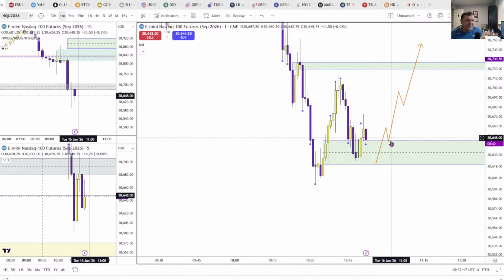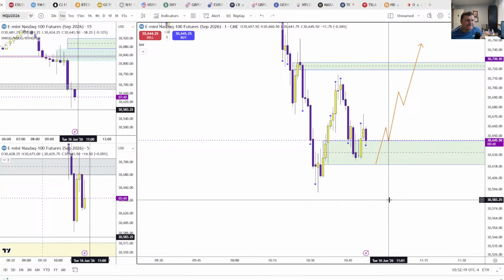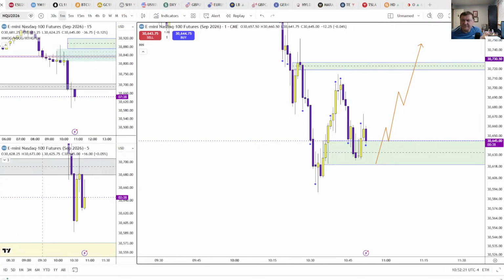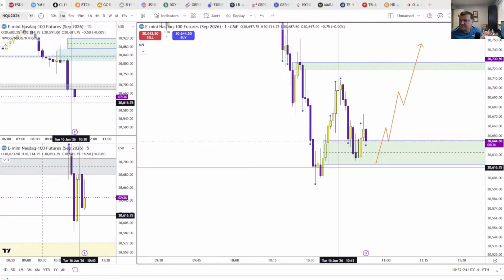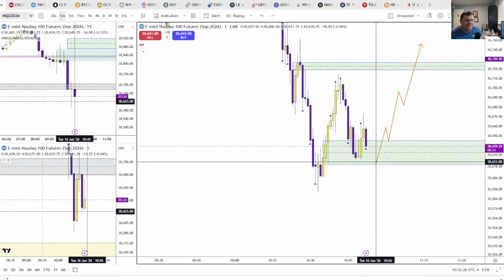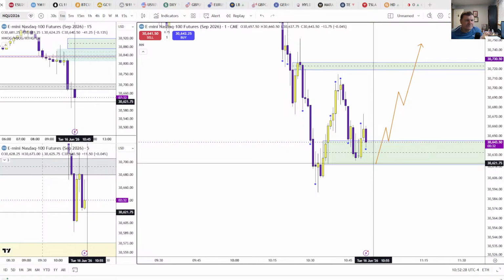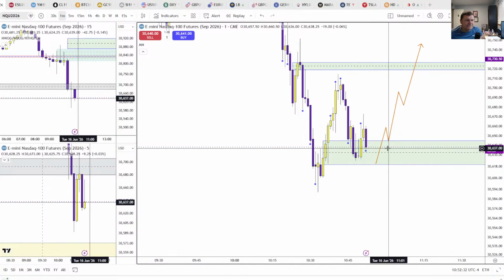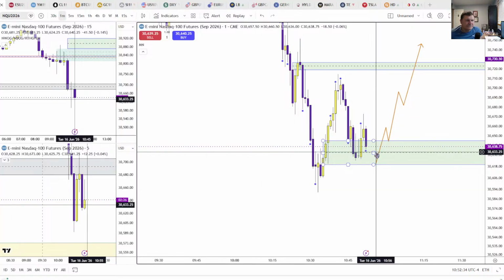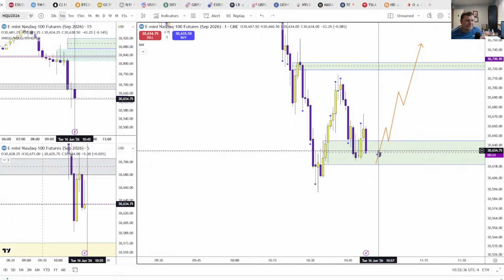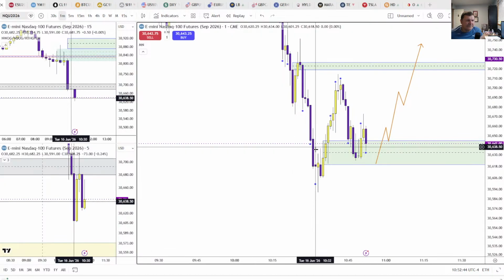This leg here now. It's the bottom of that.